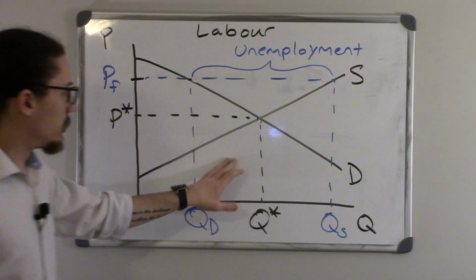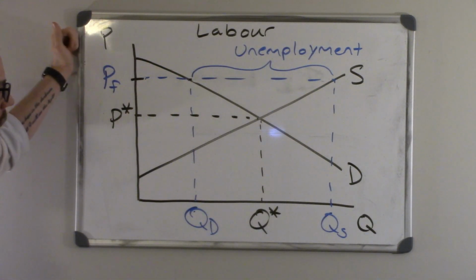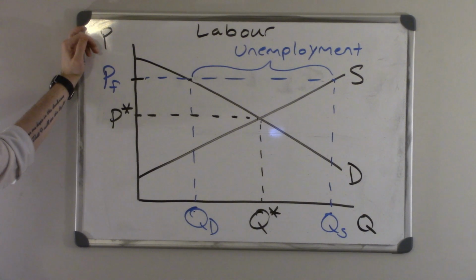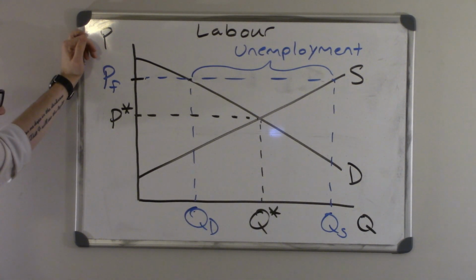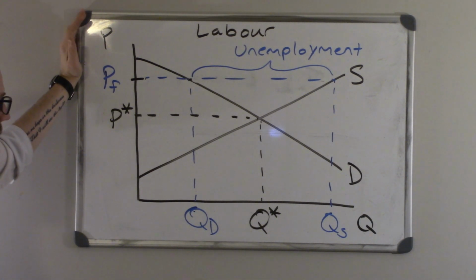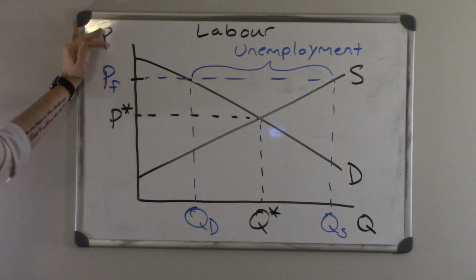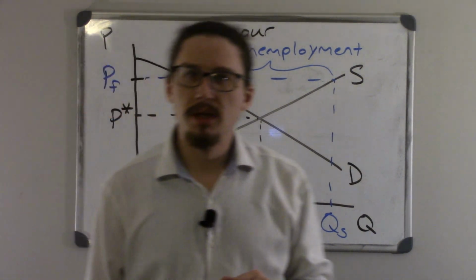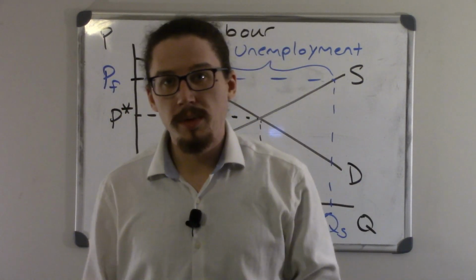And so when we have a price floor, that is going to lead to a surplus of whatever product. If we're looking at it from this perspective of the labor market, a minimum wage is going to result in unemployment. Now, we have a whole chapter on unemployment later on in the semester, so we're going to talk more about that.